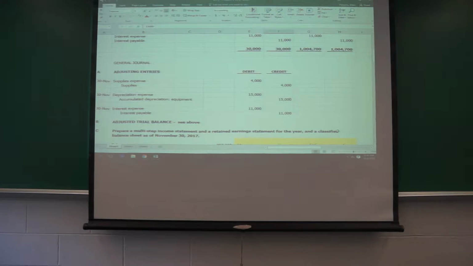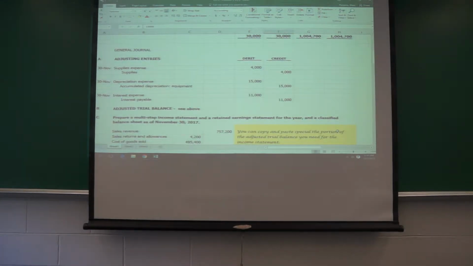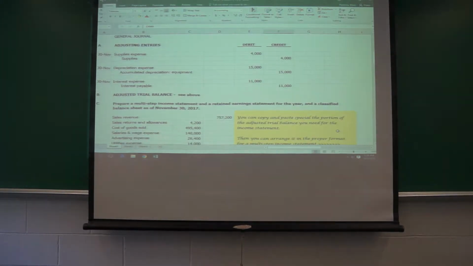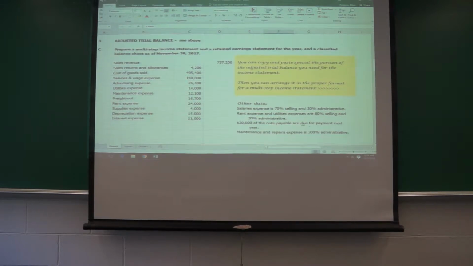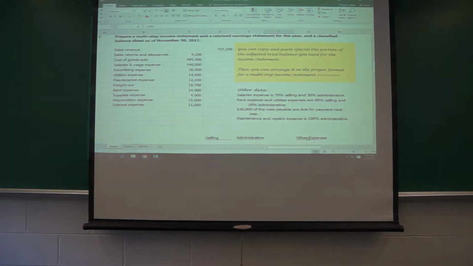And then when it comes to doing the income statement, they're asking for a multi-step income statement, retained earnings statement, and classified balance sheet. They give you the other data that salaries are 70% selling and 30% administrative, and they give information about the rent and all of these things that you need to do the statements.